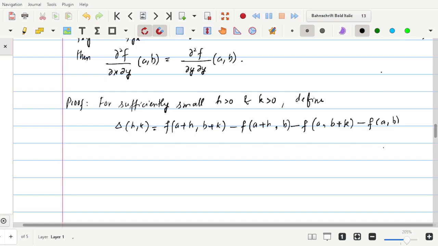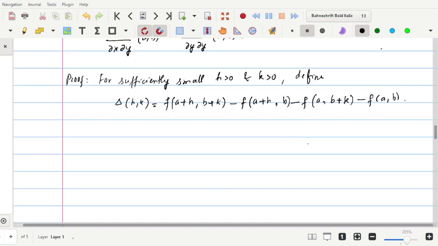This is just a notation, and we call this expression on the right hand side simply Δ(h,k). This is sometimes also known as the auxiliary expression.